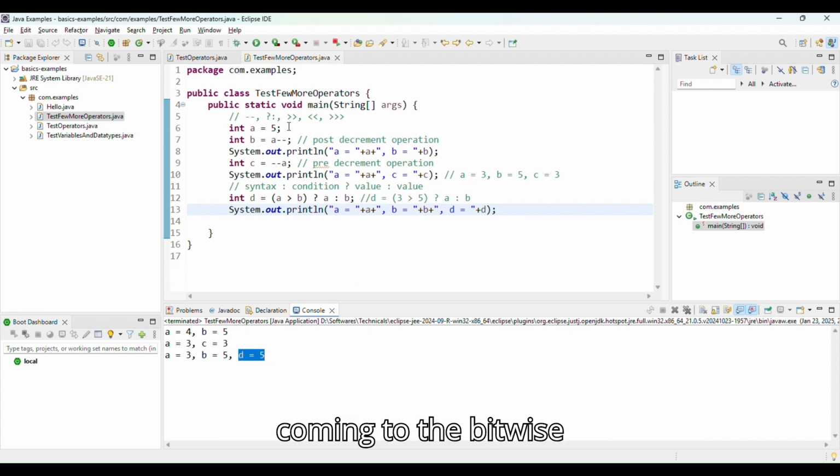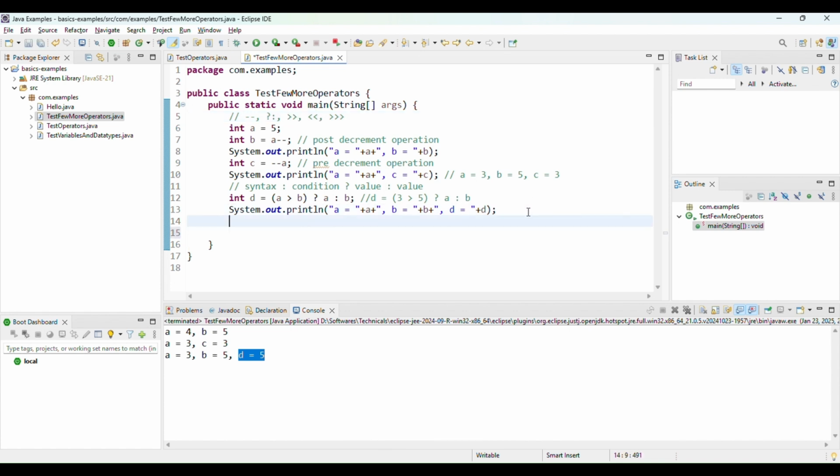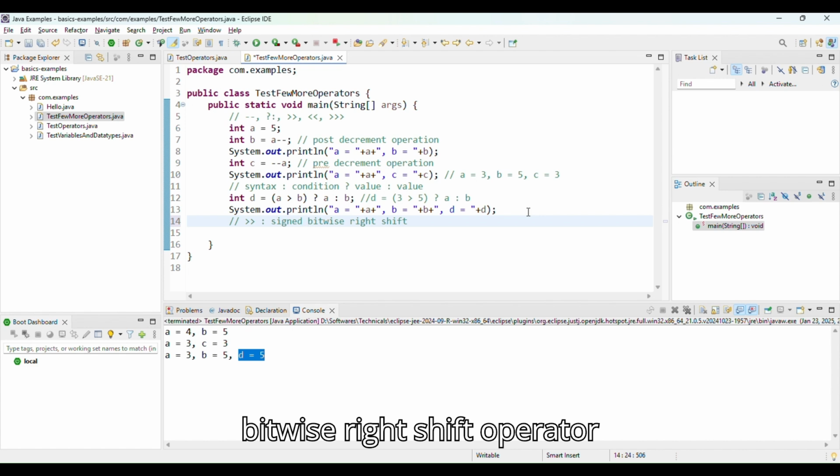Coming to the bitwise shift operators, this greater than greater than is called bitwise right shift or signed bitwise right shift operator.